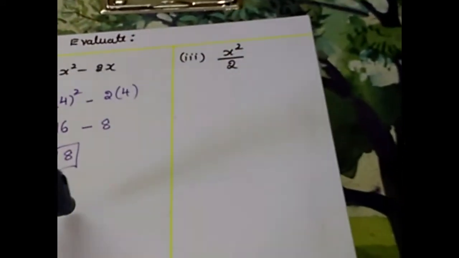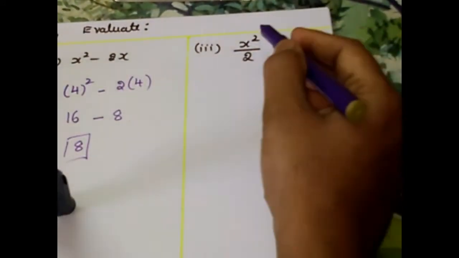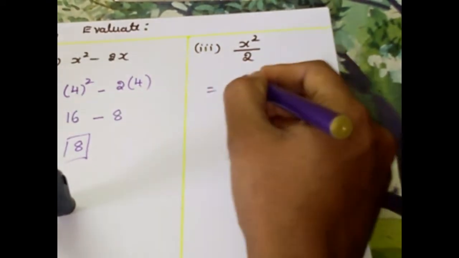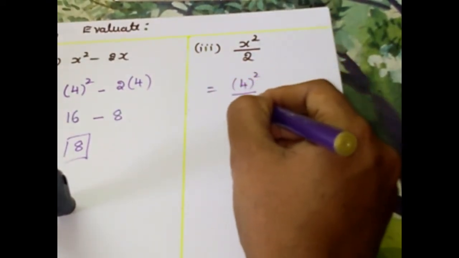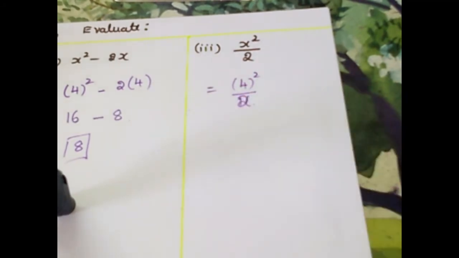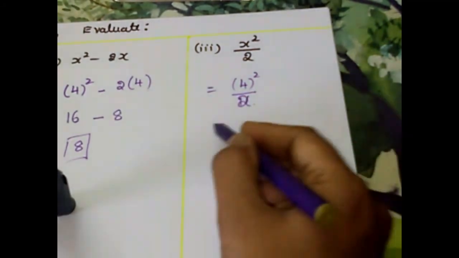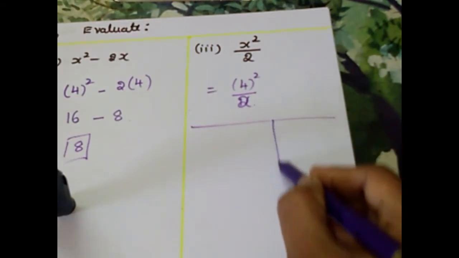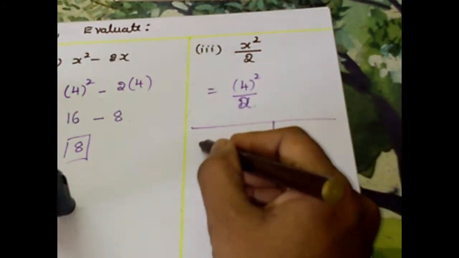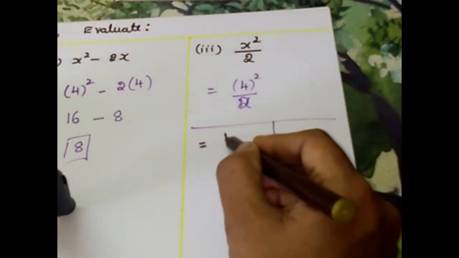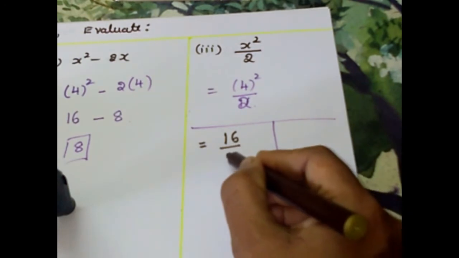In the next step, that is the third problem, x square by 2. What is x square, children? 4 square by 2. See, this problem I can solve in two methods. Both are right, but we have to be a little bit smart while solving. The first one is as usual. 4 square is 16 by 2.